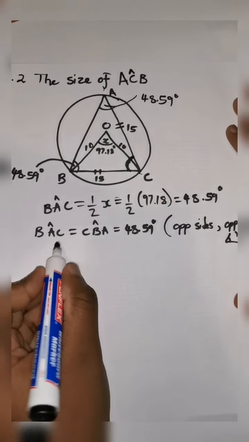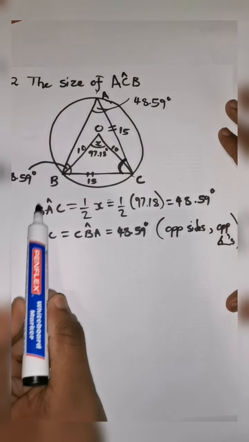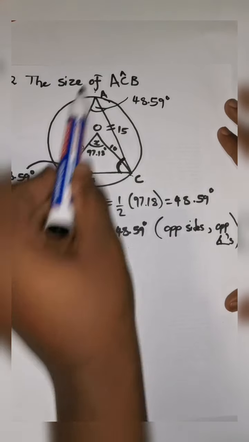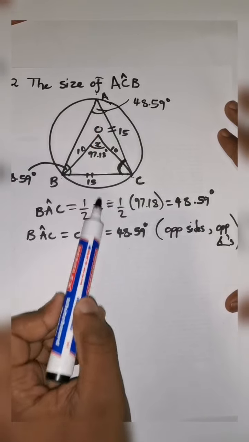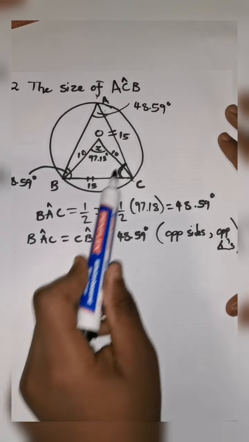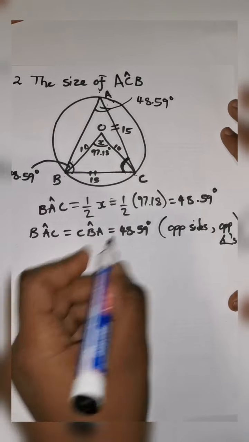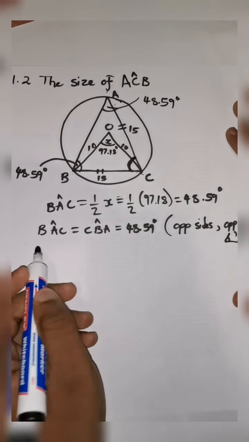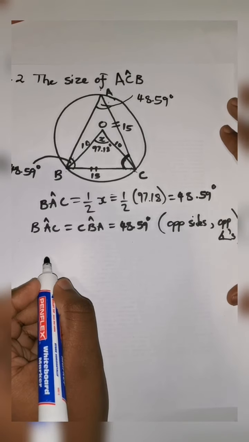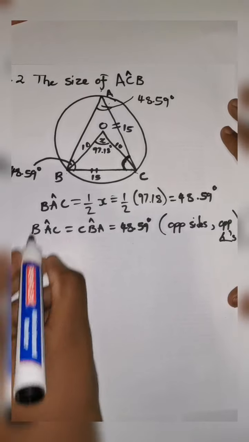Okay, based on the bigger triangle BAC, we have two known angles. So we can use the fact that the sum of the angles in a triangle add up to 180, right?